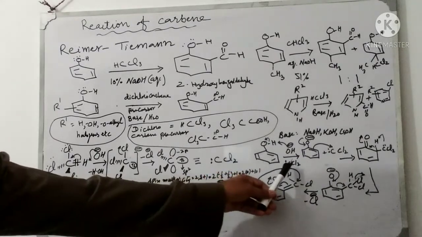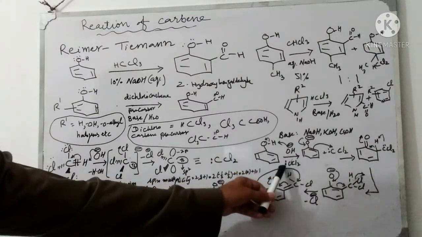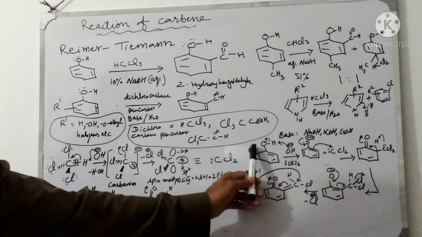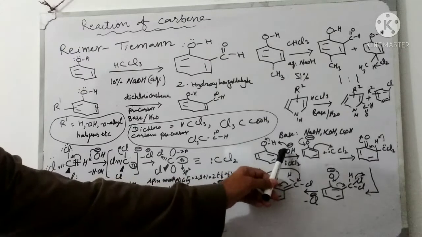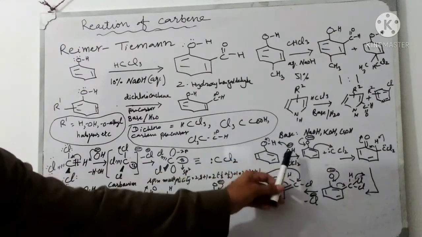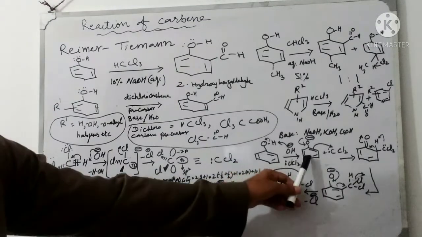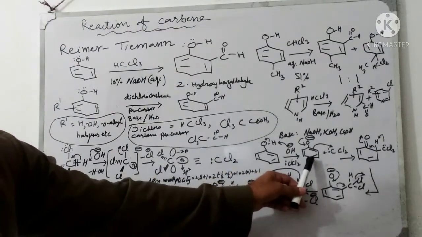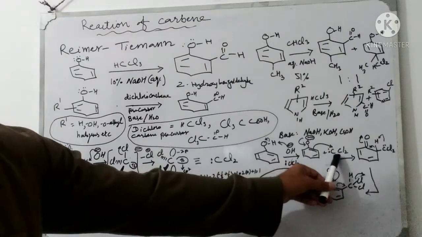Then this dichlorocarbene reacts with the phenol under basic conditions, because we are using 10% sodium hydroxide solution. The hydroxide ion takes the proton to generate the phenoxide ion. This phenoxide ion then reacts with the dichlorocarbene.